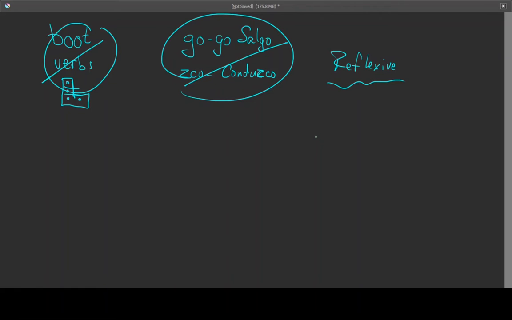If you have a verb that is reflexive, you chop the se off, you put it in the front, you change that se to whatever it's going to be to match the person, but then you also conjugate the verb that comes after it. So a reflexive verb is still just going to be a reflexive verb. So that's those things. No more boot verbs, no more go-go's and ZCO, or as I call them, Z-cousin verbs. We only have reflexive verbs to worry about.